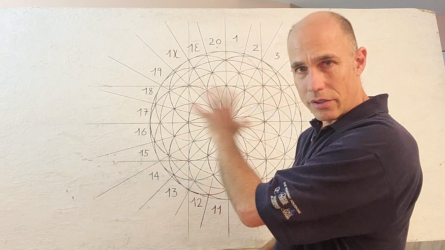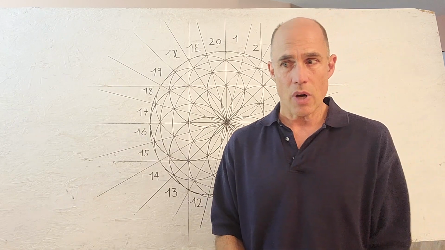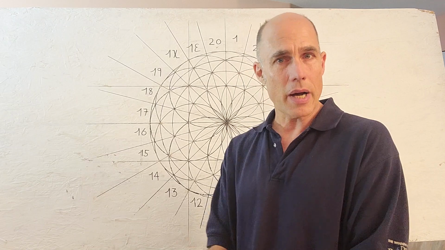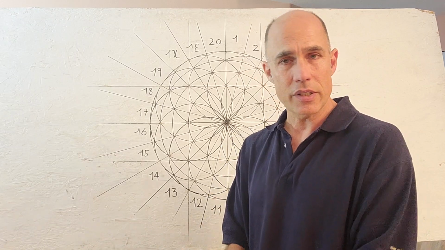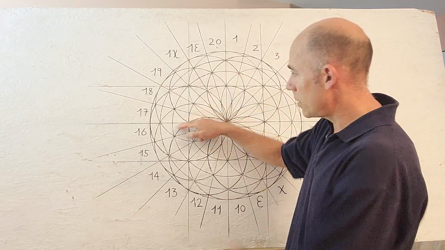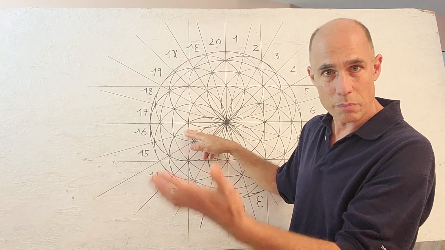So here we're looking at the circle, the circumference of the circle. We know that the formula for the circumference of the circle is 2 pi times the radius. So when we give the radius the value of 1, the whole circumference, let's say this inner circle here, has the value of 2 pi. So half the circle is 1 pi.